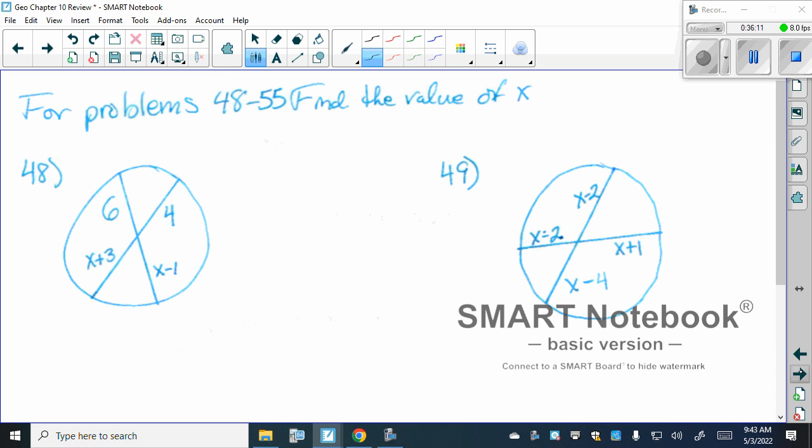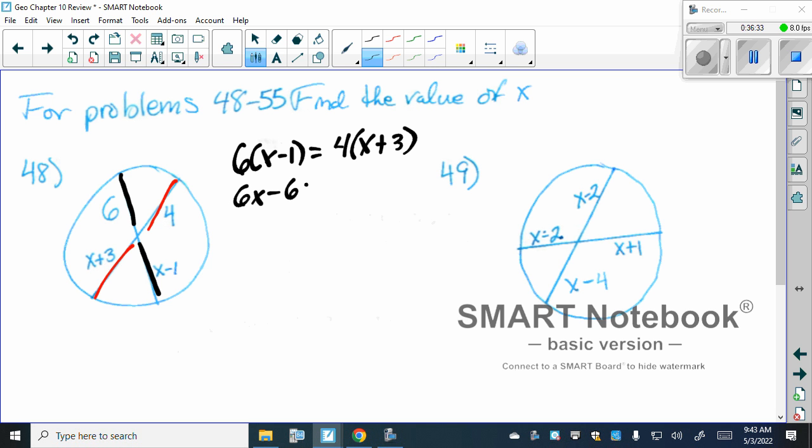Let's look at 48, because whenever we have two lines intersect at the center, this length times this length, so 6 times x minus 1 is going to equal 4 times x plus 3, the product of these two here. So 6 times x is 6x. 6 times negative 1 would be negative 6. 4 times x is 4x, 4 times 3 is 12.